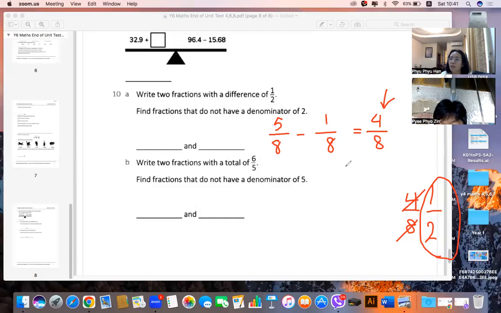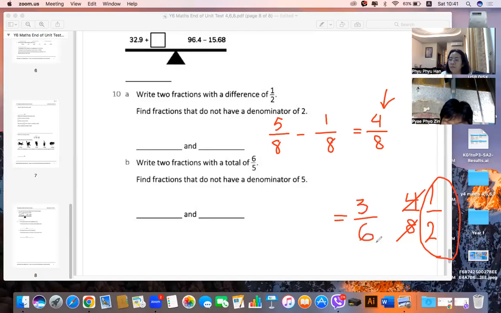So this is how we think of the technique. You need to think of another number rather than 2. Can you also make it like this, for example, 3 by 6?